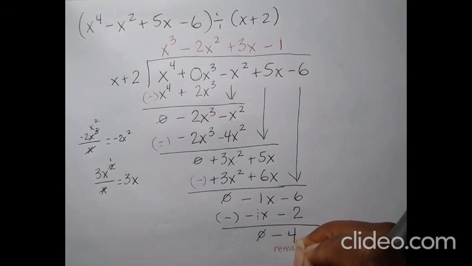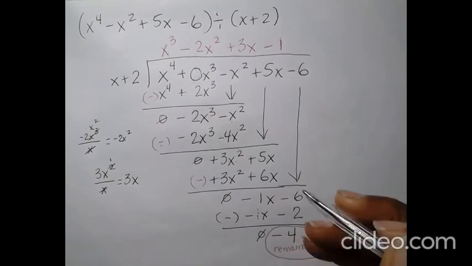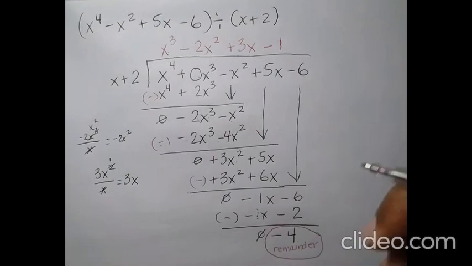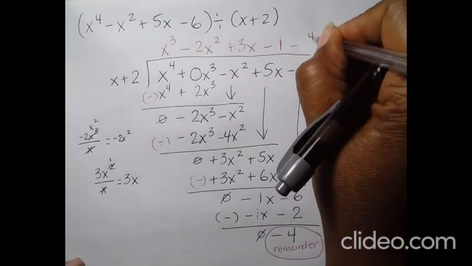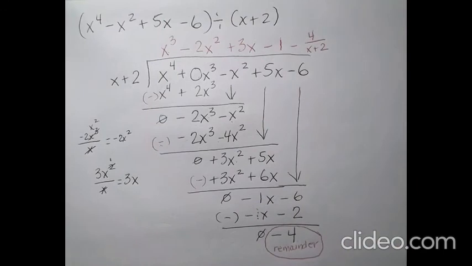We write this remainder over the original divisor. Okay, so we have negative 4 over x plus 2 because we were dividing by x plus 2 and we weren't able to divide that in.